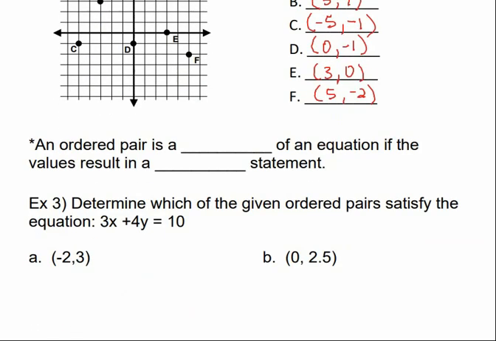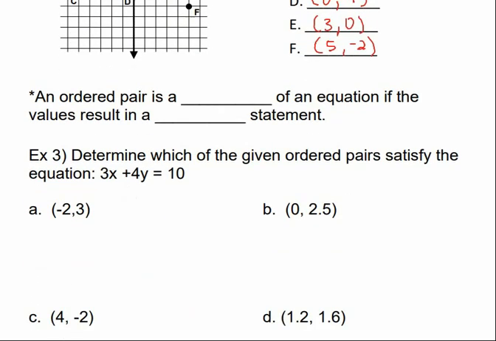All right, an ordered pair is a solution of an equation if the values result in a true statement. So we can determine if an ordered pair is a solution to an equation by plugging the ordered pair into the equation and seeing if it comes out to be a true statement.